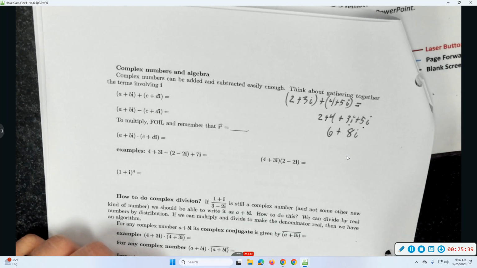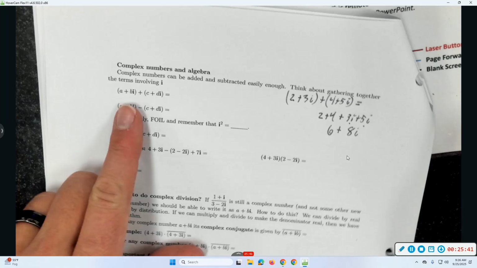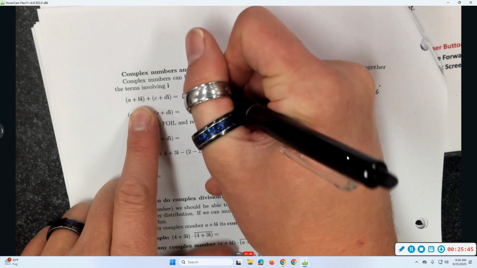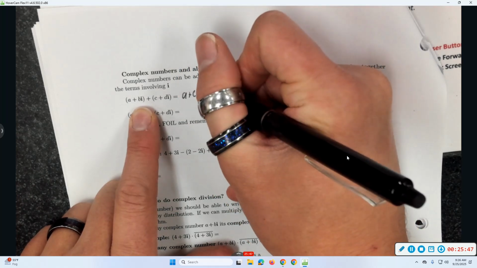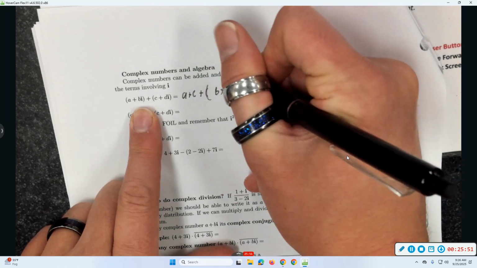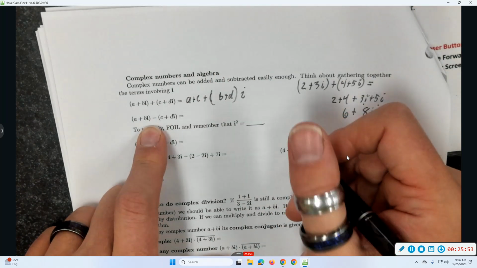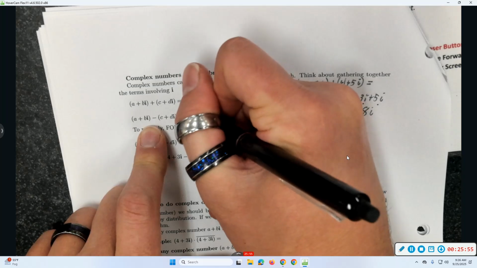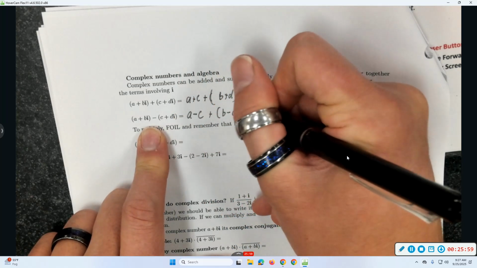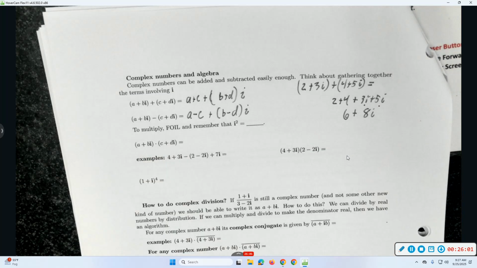You just need to distribute a minus sign. So whenever you want to add two numbers together, just add the real parts and add the imaginary parts. If you want to subtract, do the same. Feel pretty good?